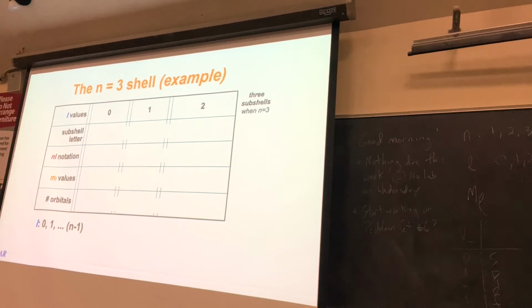So the l values here are going to be 0, 1, and 2. It always goes up to whatever your n is minus 1. So with my cheesy example about houses on the street, on the 3rd street there are 3 houses, and the l values of those houses are 0, 1, and 2.